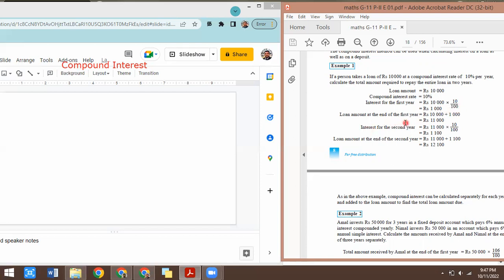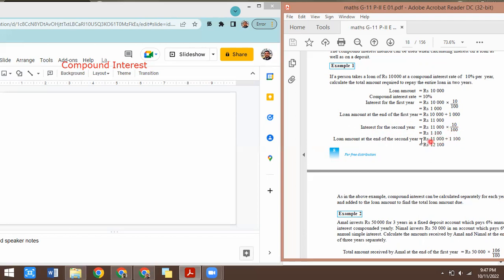Loan amount at the end of the first year is what you get by adding the interest of the previous year to the capital amount or the principal amount. So that is 11,000 rupees. Interest for the second year is calculated on the balance, which is 11,000 times 10 over 100. So that is 1,100 rupees.